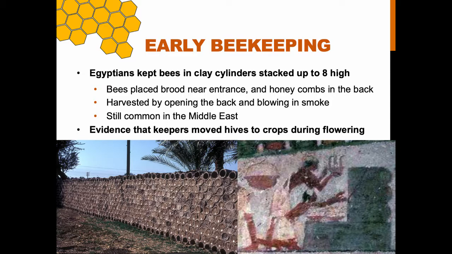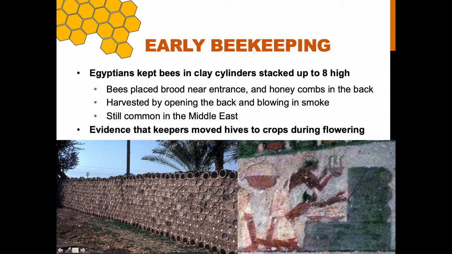So what the Egyptians would do is they would provide these spaces for bees, they would encourage them to live in them, they would let the bees go out there and collect honey and the like, and then when they wanted to harvest, they would remove the back of the hive. So you see all these little plugs in these ones, those are the backs of the hives. They'd pull those plugs out, then they would blow smoke into the hive to pacify the bees, and they would just reach in the back and pull out all those back combs with the honey in it. And that's how they would end up getting honey without disturbing all of the bees in the hive.